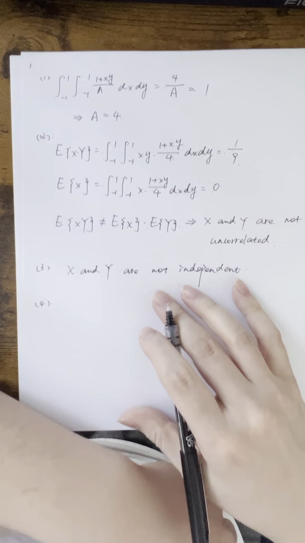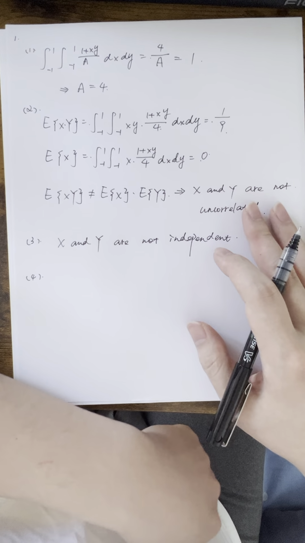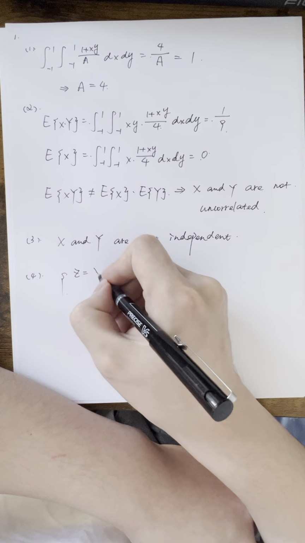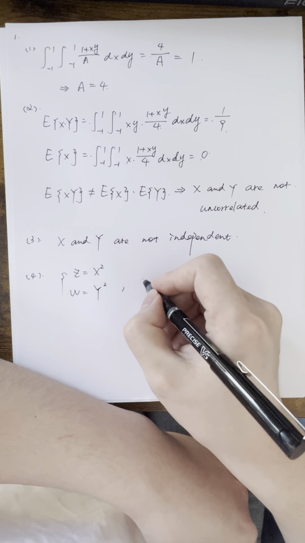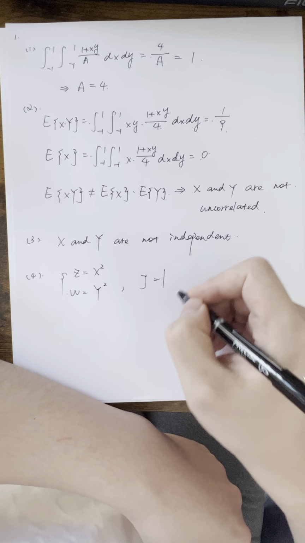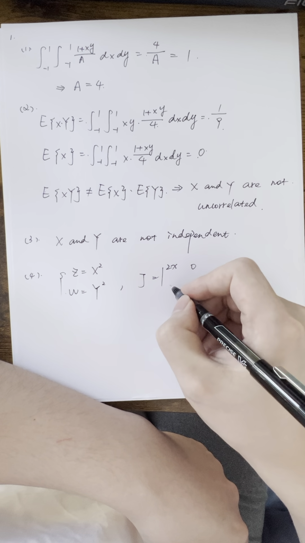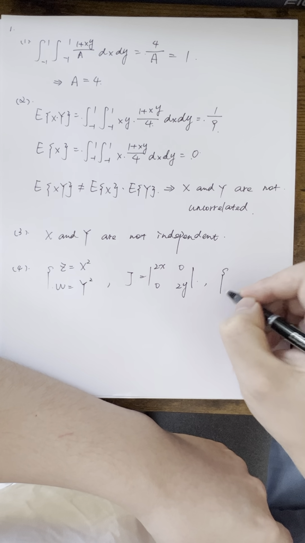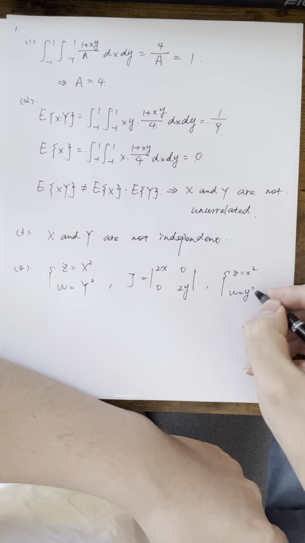And for the fourth question, it asks us to find the joint density function of X squared and Y squared. We could assume that Z equals X squared and W equals Y squared. And its Jacobian is 2x, 0, 0, 2y. So for this equation, it has 4 roots, right?